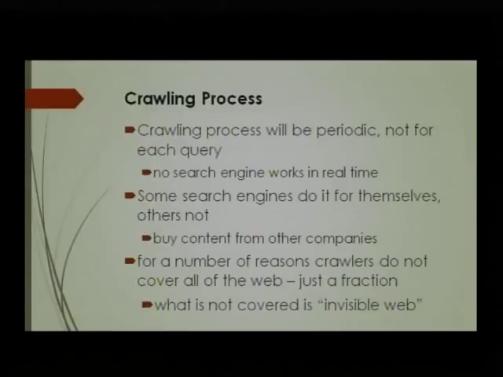For a number of reasons, crawlers do not cover all the web. There are a lot of reasons, such as privacy reasons, or there may be private networks. So a lot of things are there on the internet. Because of all these reasons, crawlers do not cover all the web.